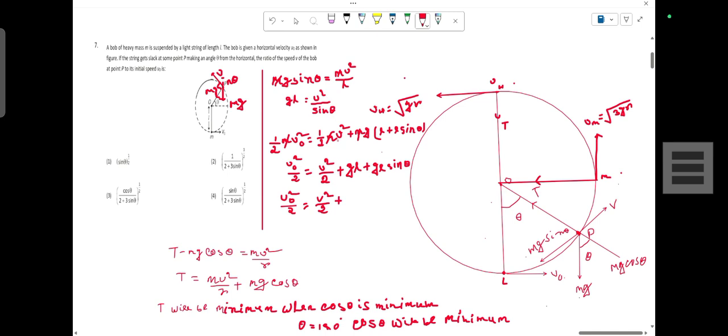That is v square upon sin theta, plus gL sin theta.